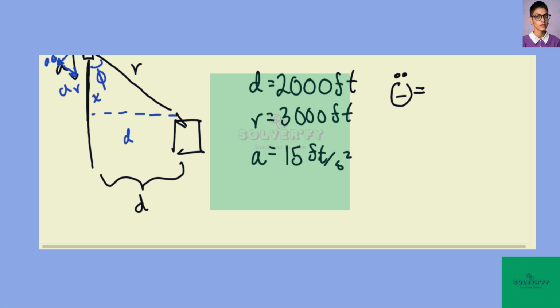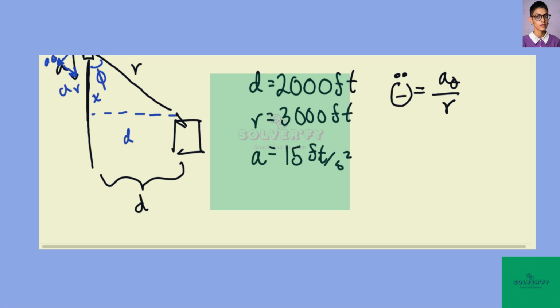So we can define two components of this acceleration: a theta, where a theta is perpendicular to this r vector, and ar, where ar is parallel to the r vector. Theta dot dot is going to be this a theta vector divided by r.